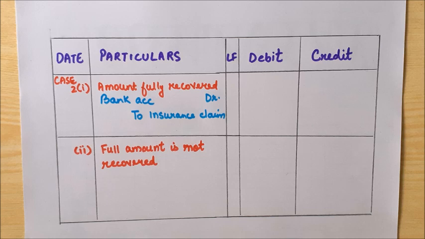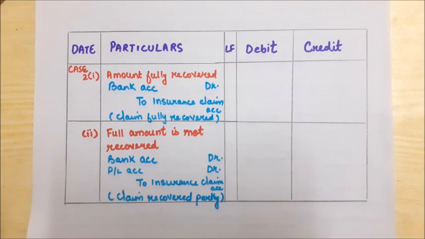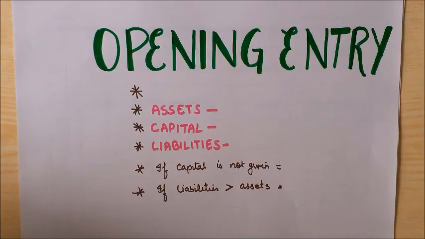In case it is fully recovered, the entry will be bank account debited to insurance claim. But if it is not fully recovered, the entry will be bank account debited, profit and loss account debited to insurance claim. We have debited profit and loss account because the amount is not fully recovered, so the amount which is not recovered will go to profit and loss account.